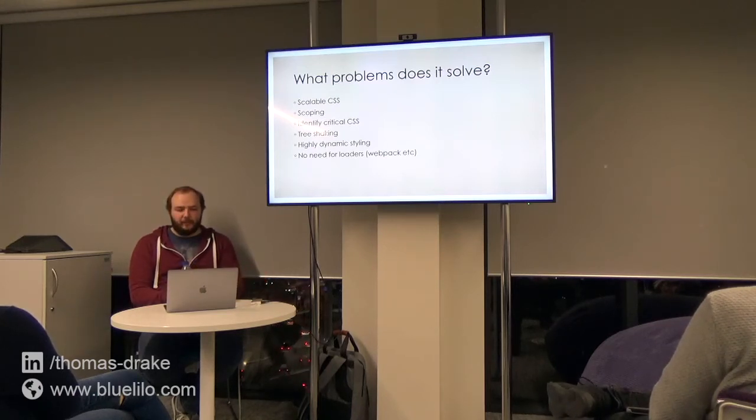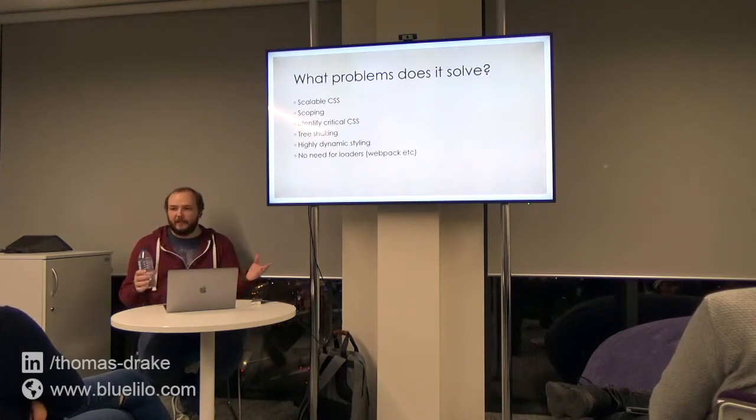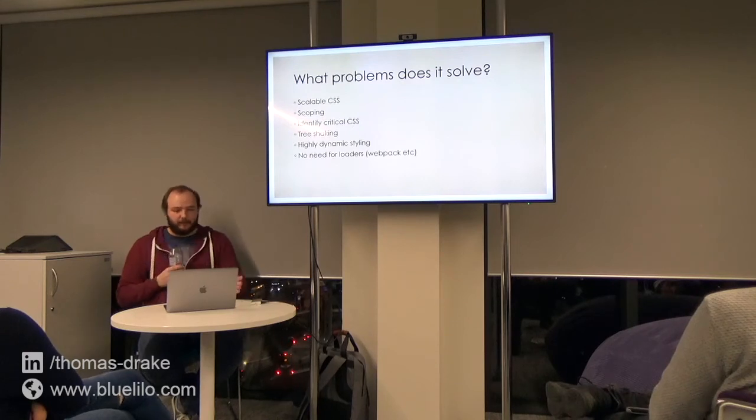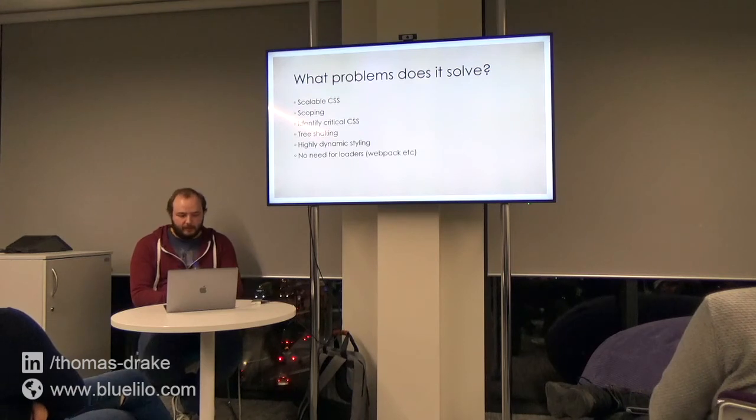This is really hard to do with CSS, because usually you end up with styles.css, you load that on your homepage, it's 200 kilobytes, and you use 5% of it, because you've just loaded everyone else's CSS as well. You've now parsed 100 or 150 kilobytes of extra CSS that you didn't need. One, you've loaded it, and two, you've parsed it. And you're going to have to parse that on every page, unless you've got a single page app. If you go between different pages, you're going to have to load a lot of data that's just not really needed.